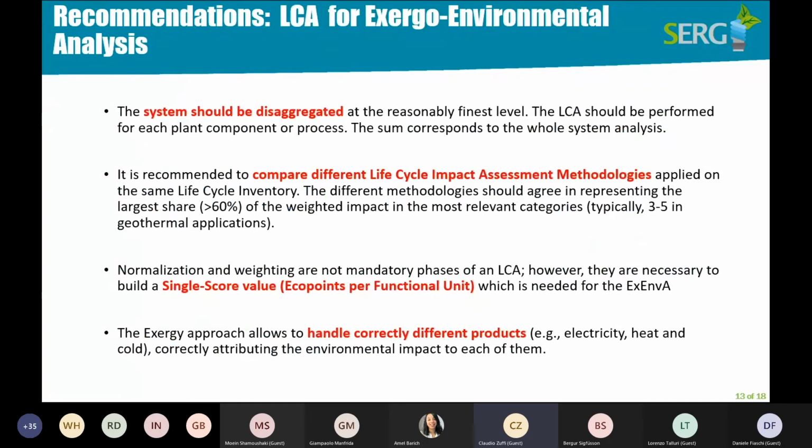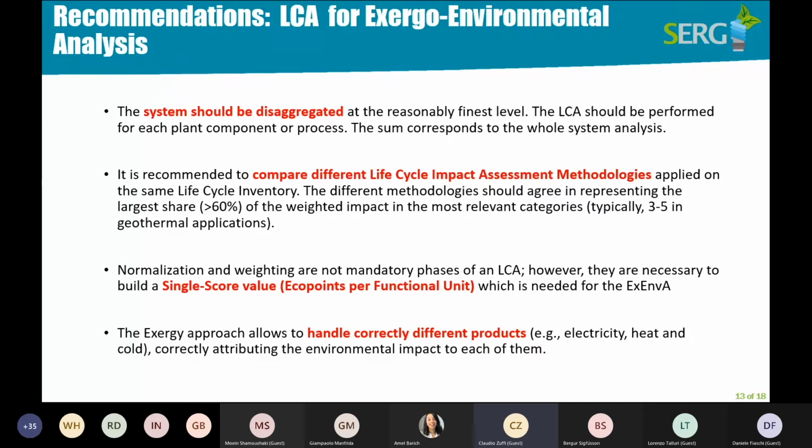The recommendations are that the system should be disaggregated at the finest level, and the LCA should be performed for each plant component or process. Then it is recommended to compare different life cycle impact assessment methodologies applied on the same life cycle inventories.